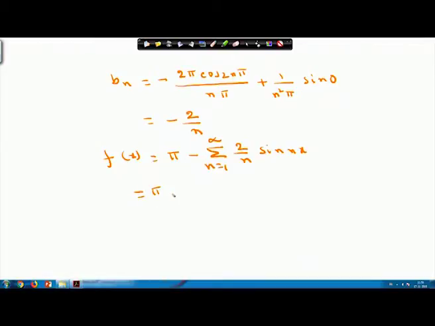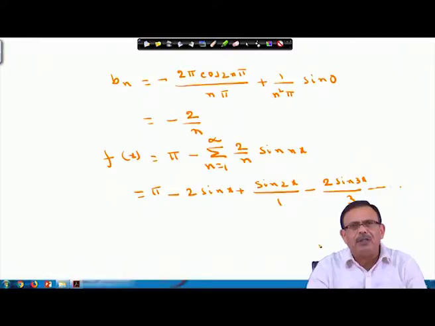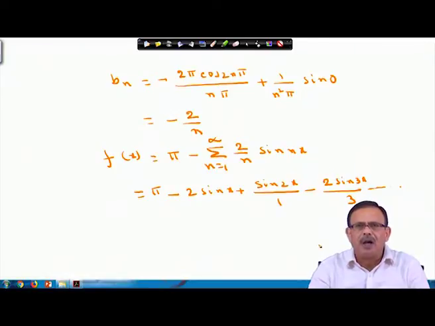So, if I expand it, I will obtain minus twice sin x plus sin 2x by 1 minus 2 sin 3x by 3, and like this it will continue. So, once I am getting a naught, a n and b n, I can expand the function in this series.